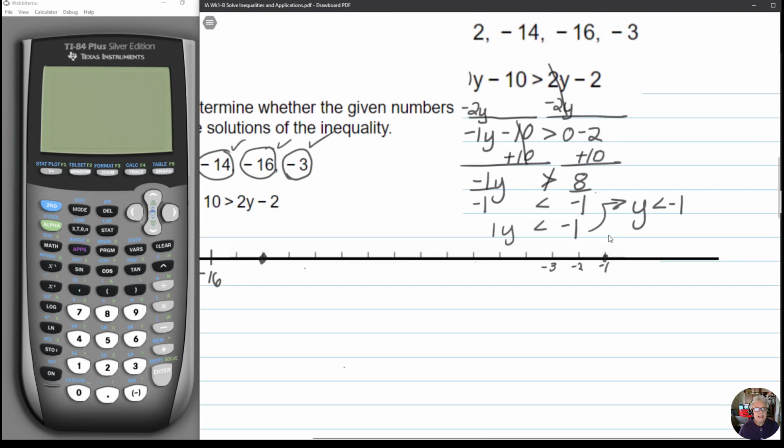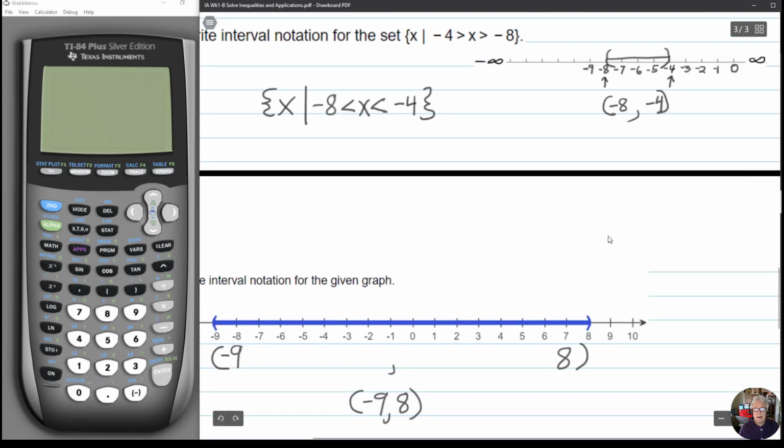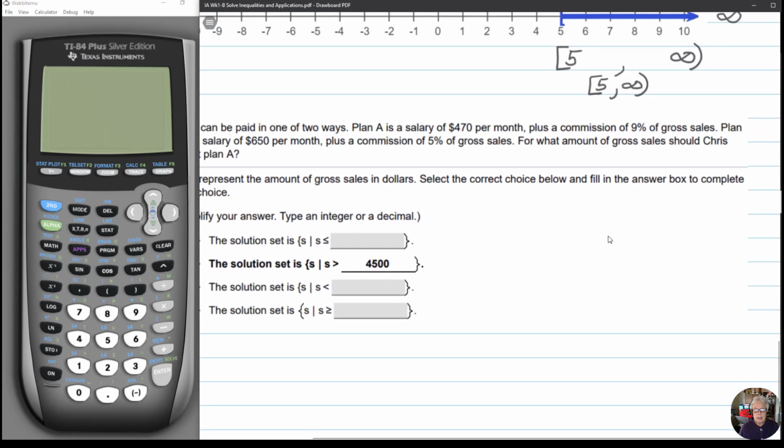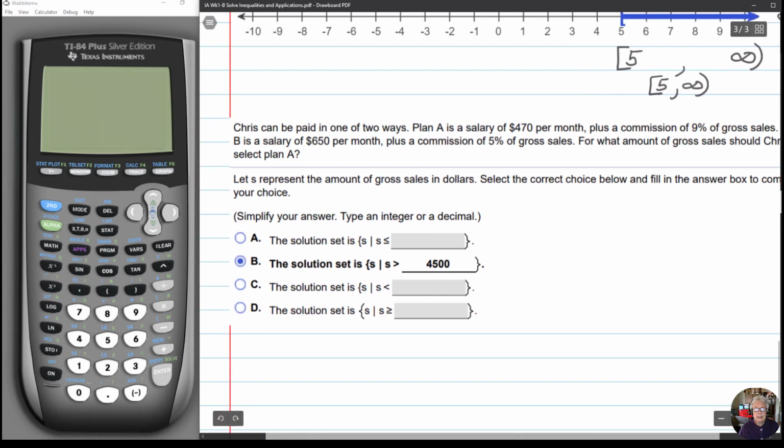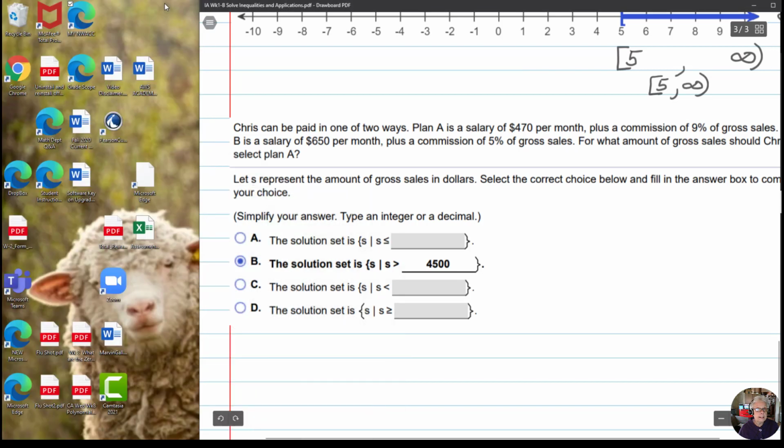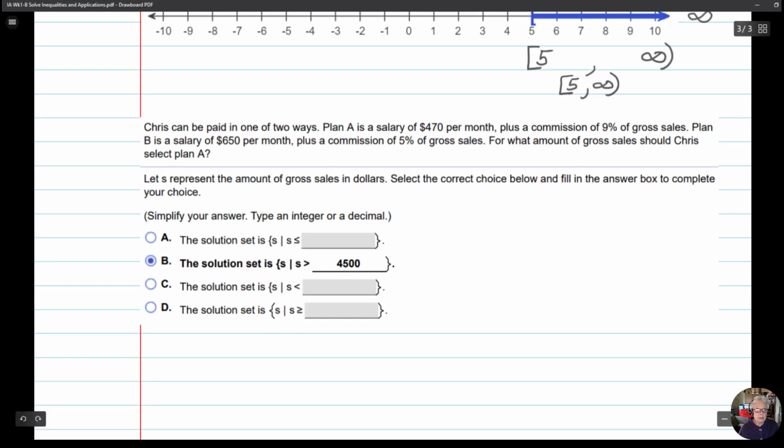Okay, we're going to be dealing more with this stuff. But right now, let's look at how inequalities are used in real life, one of the ways. We are going to need that, but right now I want to stretch this out.